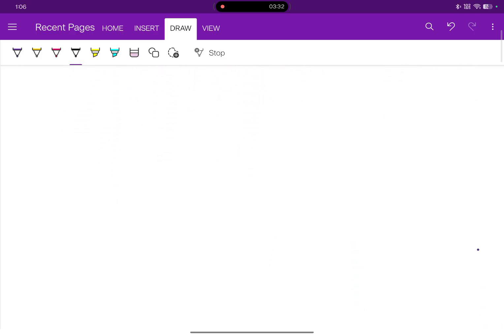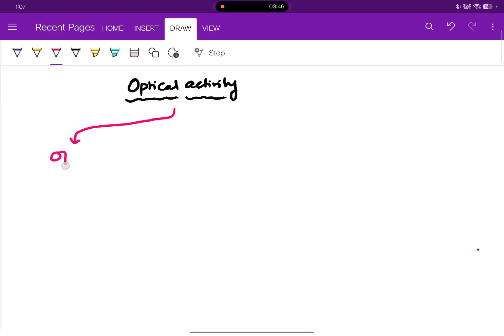What is optical activity? A molecule needs to be optically active or inactive. There are only two options: optically active, optically inactive.